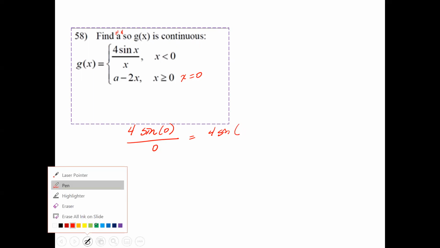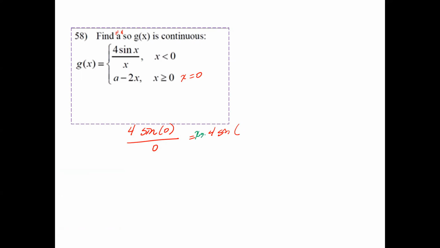I'm going to say as x approaches 0. So let's try maybe 0.01 over 0.01. You will get 3.999, which is very close to 4. So then, since I have this as 4, I'm going to take that 4 and plug it into the second piecewise function.